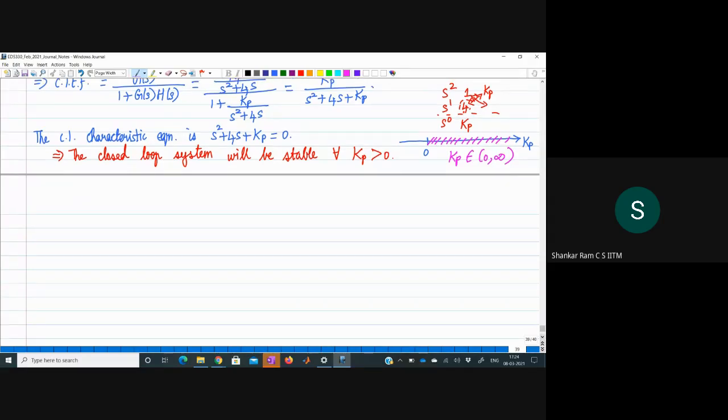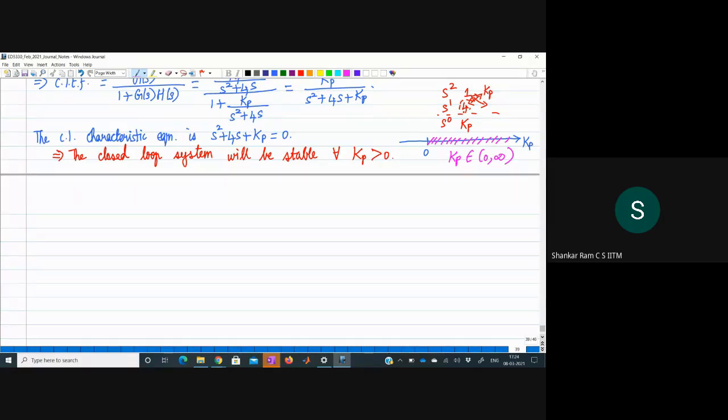If you recall, the problem statement is that we need to design a proportional controller that satisfies both stability and performance as far as the closed loop system is concerned. So how do we get the corresponding range of controller parameters that satisfies both?